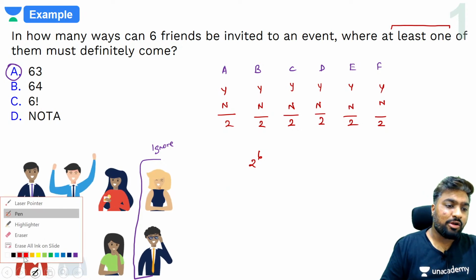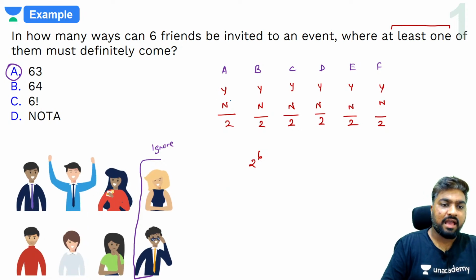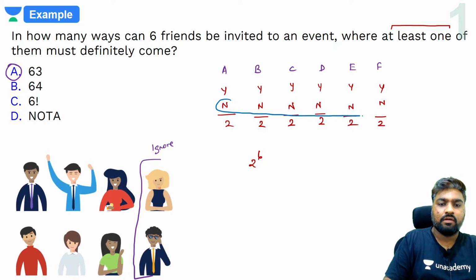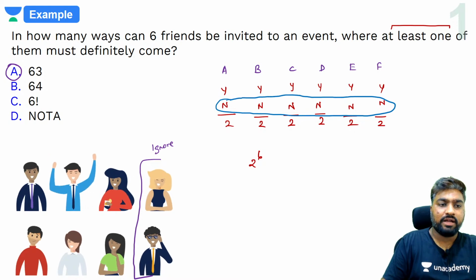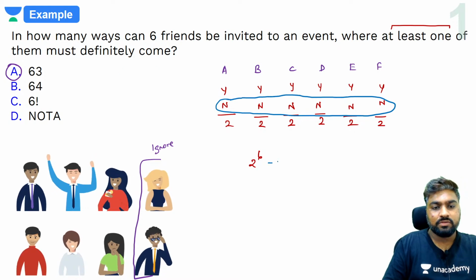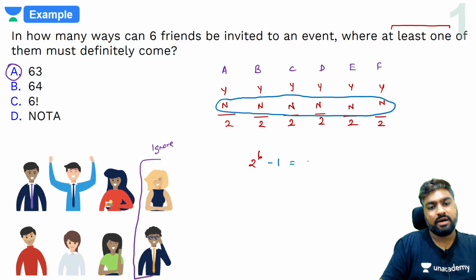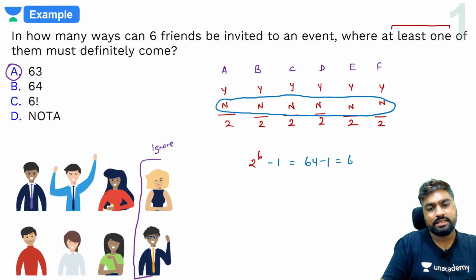But we cannot have the option where everybody says no, because we need to invite at least one. This one we remove. This is 2 power 6, 64 minus 1, 63.